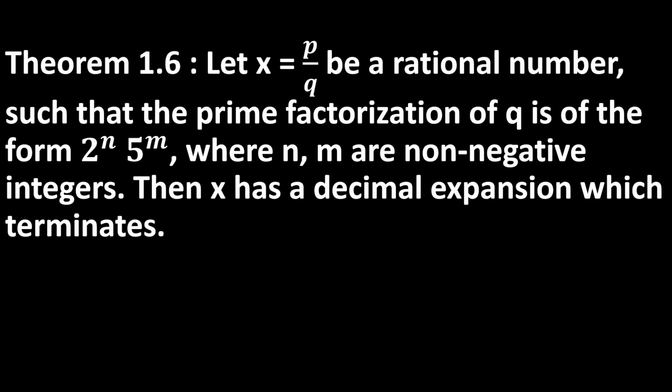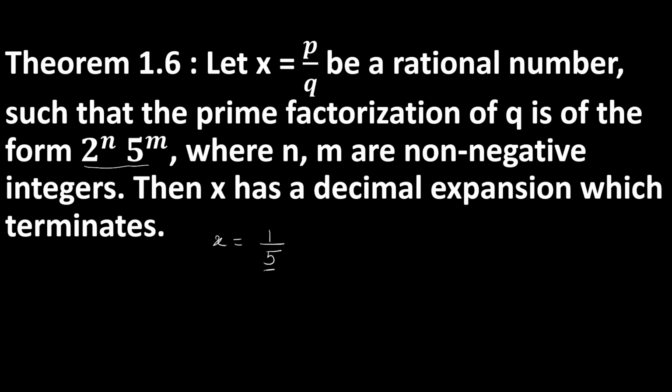Next, we have Theorem 1.6. This theorem says that let x equals p by q be a rational number. So, let's say x is equal to 1 upon 5. Okay, this is a rational number. They are saying that the prime factorization of q is of the form 2 raised to n into 5 raised to m.